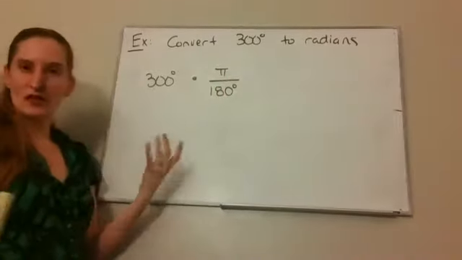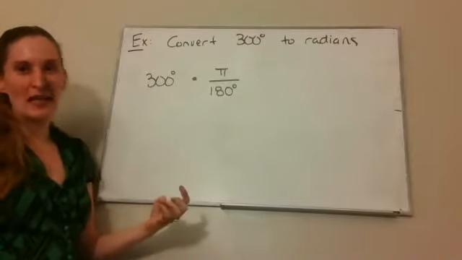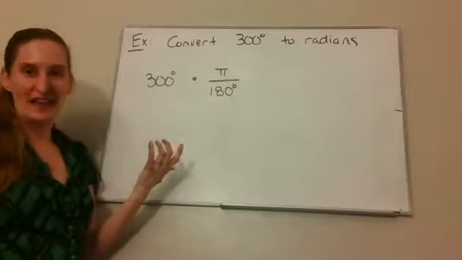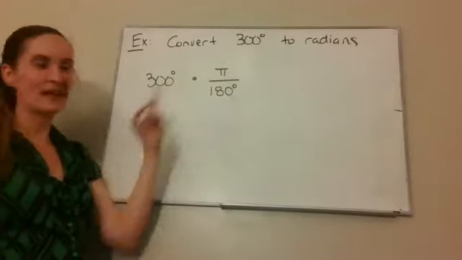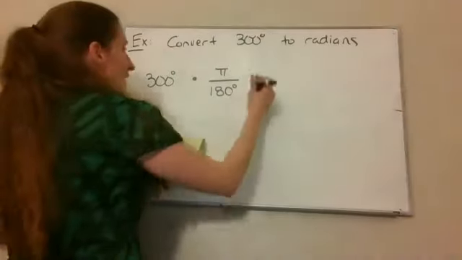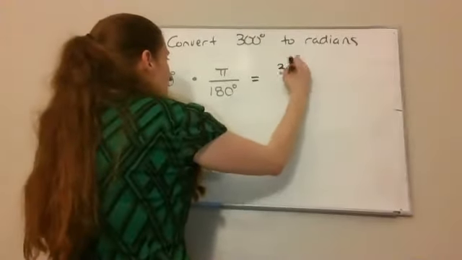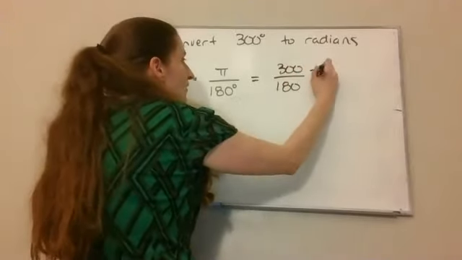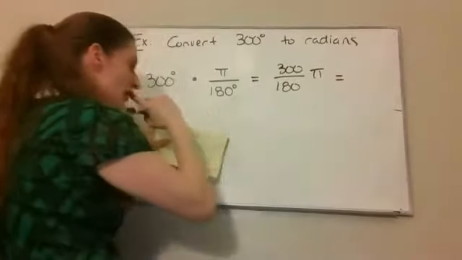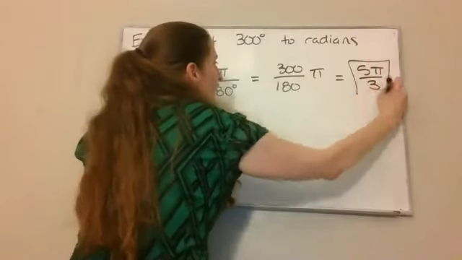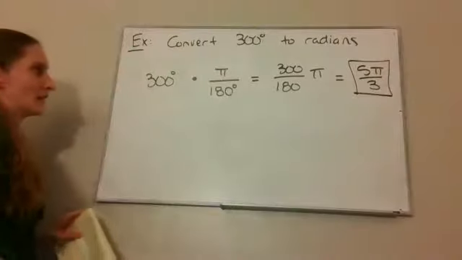And you know which version to use, whether it's pi over 180 or 180 over pi, because you want to have your units cancel out. So my degrees will cancel out, leaving it in terms of radians. So this gets me 300 over 180 times pi, which if I simplify that fraction, I get 5 pi over 3 radians.